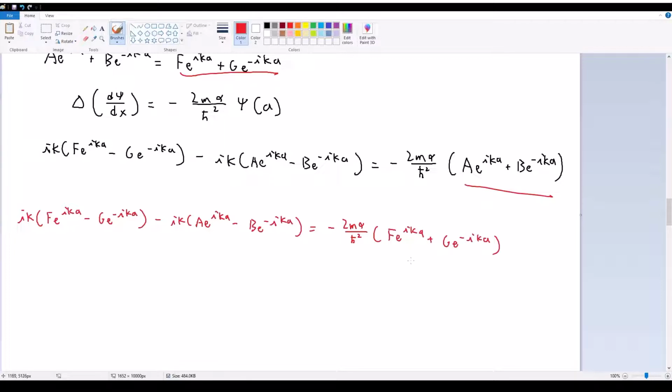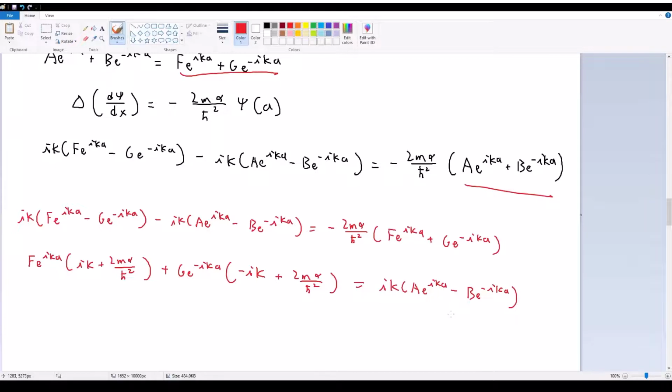And at this point, I can do a little collecting of terms, and I get F e to the ika, ik plus 2m alpha over h bar squared, and then added with G e to the negative ika, multiplied by negative ik this time, and then added once again with 2m alpha over h bar squared. This is going to equal, I'm going to move this term right here to the right, and I get ik A e to the ika minus B e to the negative ika.